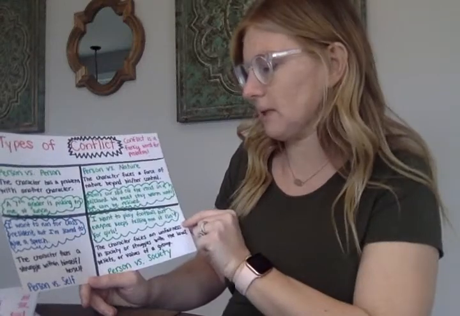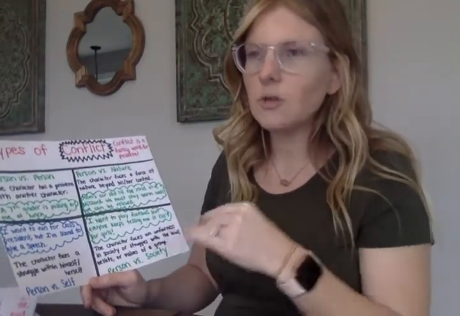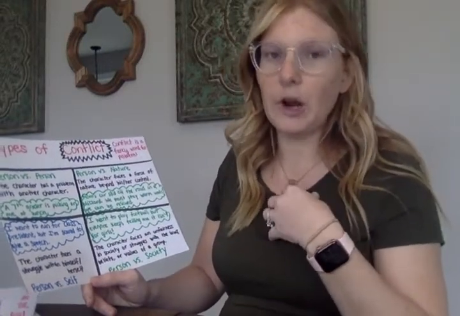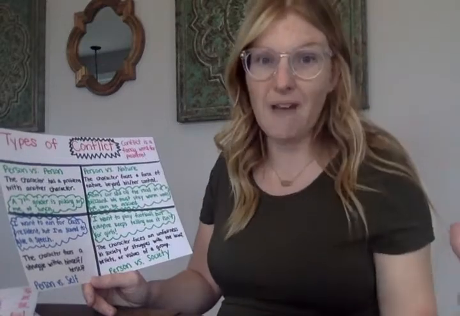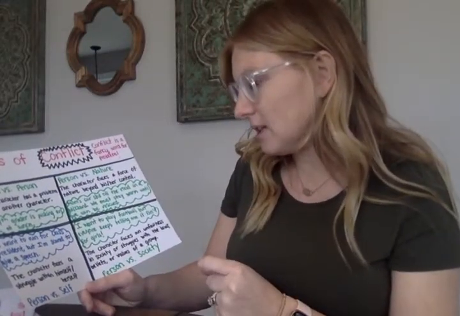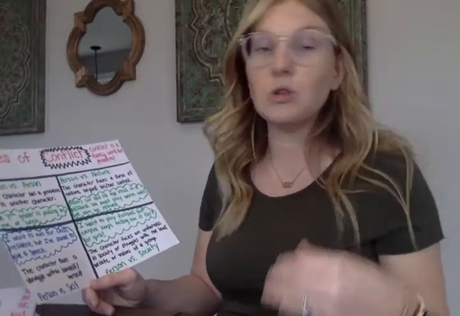Okay, and then I'm going to jump down here to person versus society. This is like an argument or a problem between the character and the beliefs or values of everybody else. The character faces an unfairness in society or struggles with the laws, beliefs, or values of a group. Rosa Parks, that conflict was person versus society.